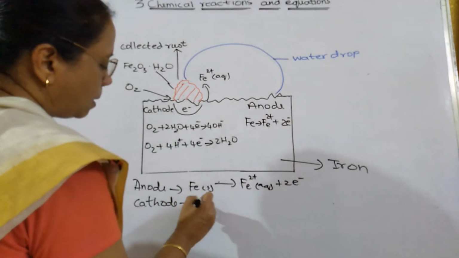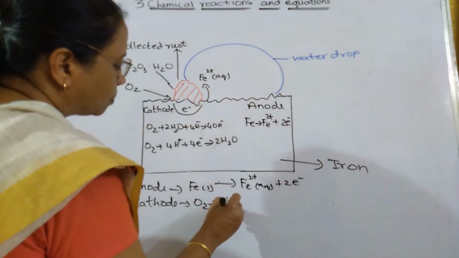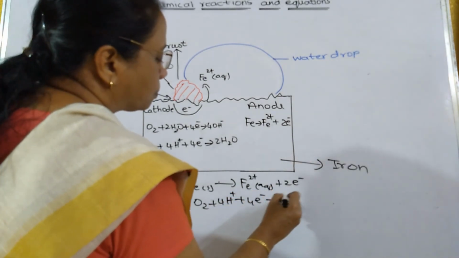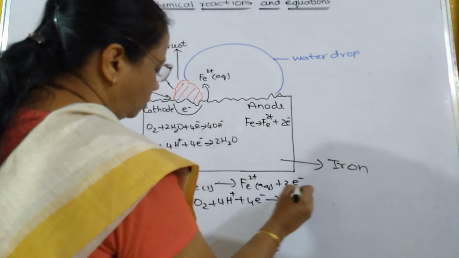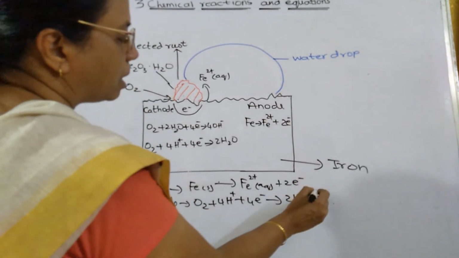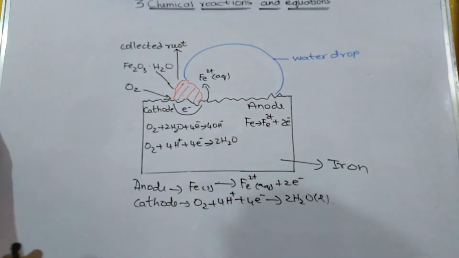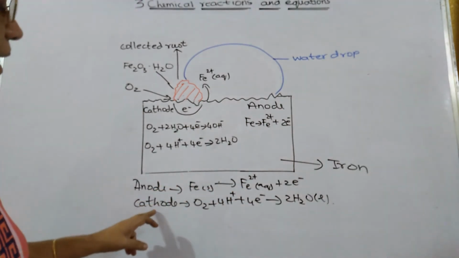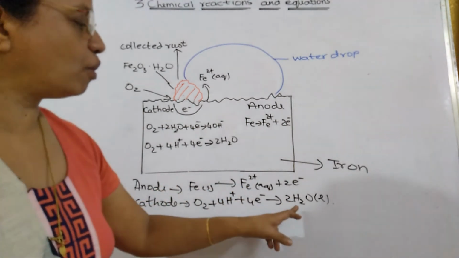So oxygen gets reduced to form water molecules. This is gas, this is aqueous, and this is liquid. And so at anode Fe gets oxidized to form Fe2+, and at cathode oxygen gets reduced to form water molecule.